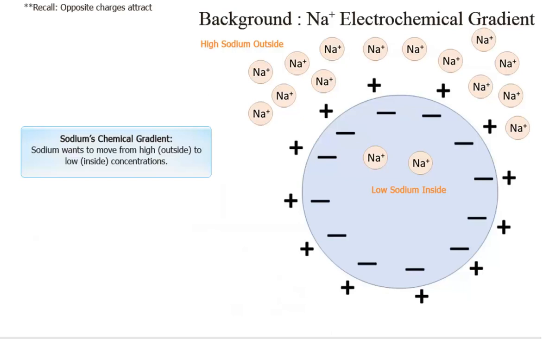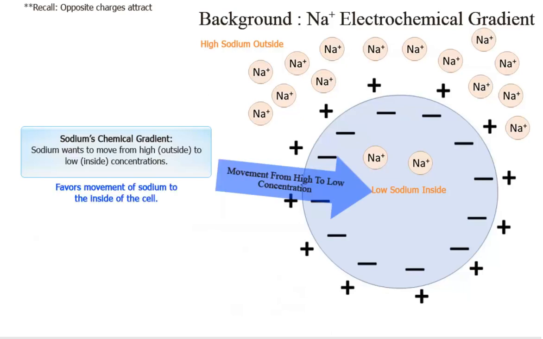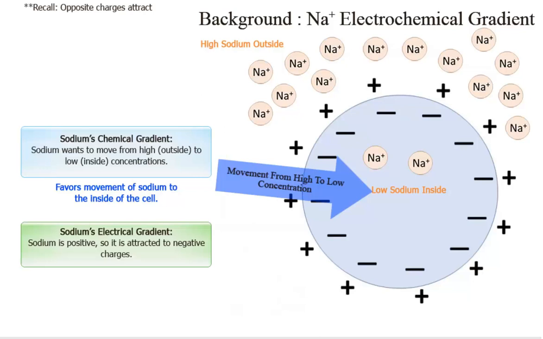because sodium is high on the outside of the cell and low on the inside of the cell, the chemical gradient favors sodium moving into the cell as it diffuses. So again, diffusion is movement from an area of high concentration to an area of low concentration. And if we just look at the charges, sodium is a positively charged ion, and positive charges are attracted to negative charges.